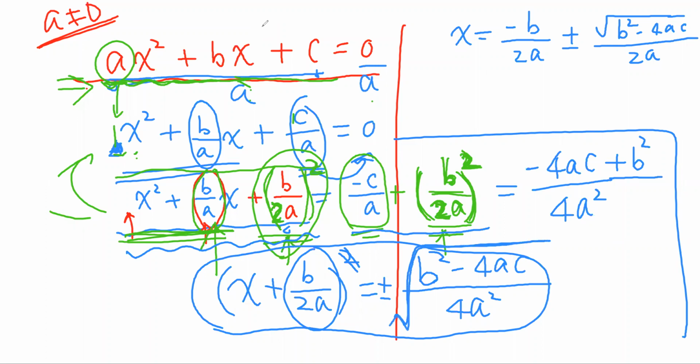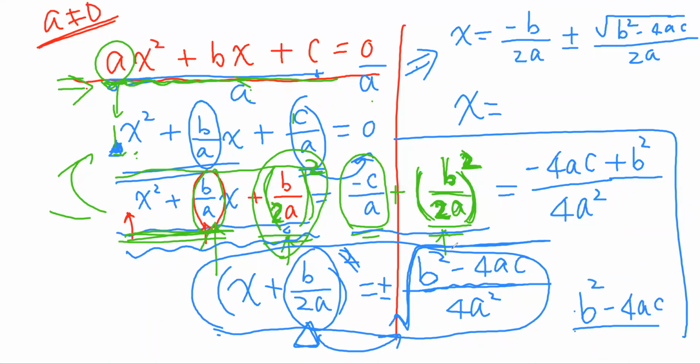Right? Okay, so you can see this one will be over 2a, move to the right, and we get this part. Let me reorganize this one first. So x equals what? But before we do that, an important thing here: b squared minus 4ac should be what?